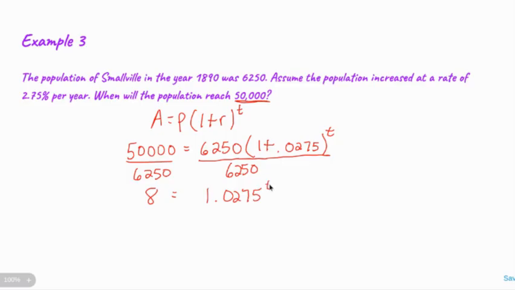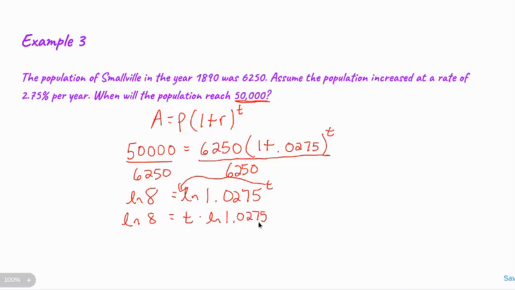Because now we're going to take the natural log of both sides. You can do the logarithm of any base. I was up front at the beginning of this unit, I mostly use natural log. So we're going to write out natural log of 8 equals t times the natural log of 1.0275.